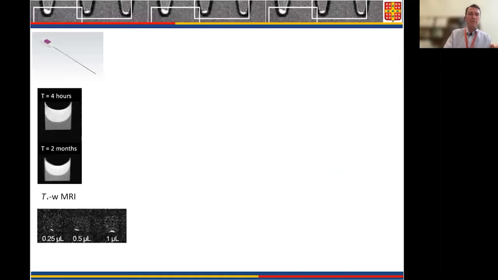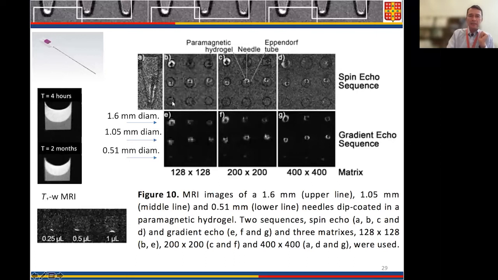On the left side, you have a typical biopsy needle, then the hydrogel coating with gadolinium and without gadolinium. And this image is generated by the MRI system in a few seconds only, and you can clearly see a delineation of the coated titanium needle.